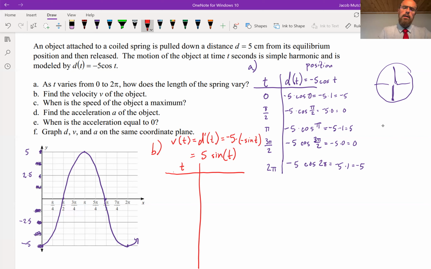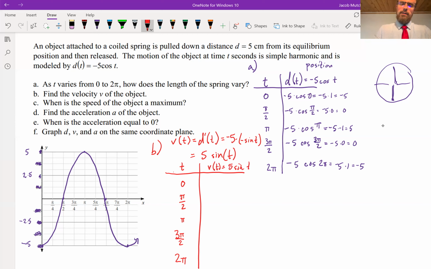So here, I'm going to create the same domain: 0, pi over 2, pi, 3 pi over 2, and 2 pi. Let's calculate this function, and we're looking for the maximum y values. What's the maximum speed? This is the velocity function, and it is 5 sine of t.